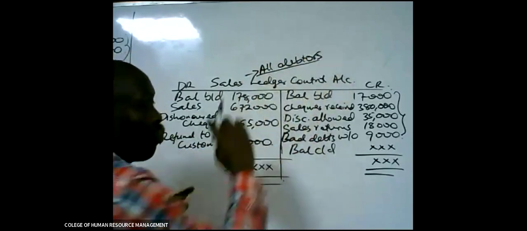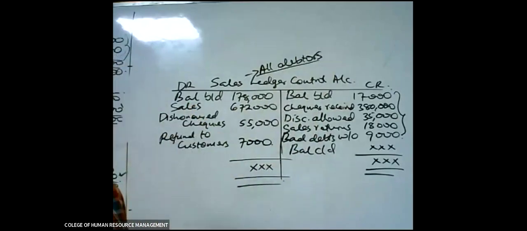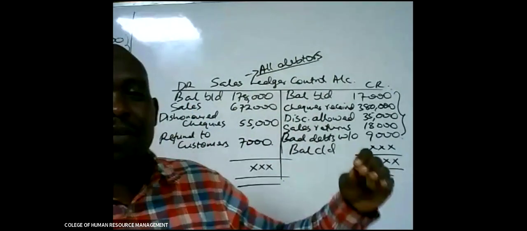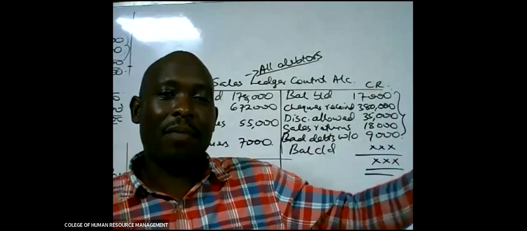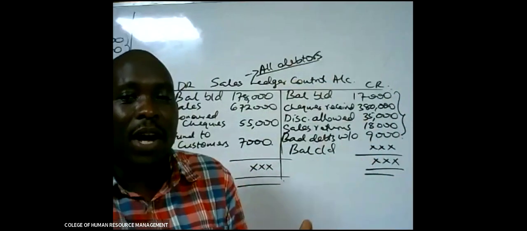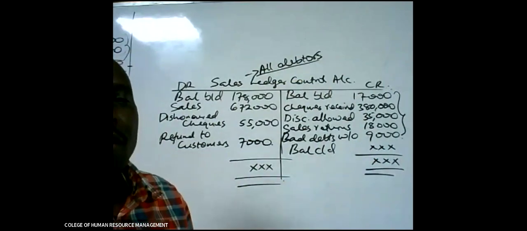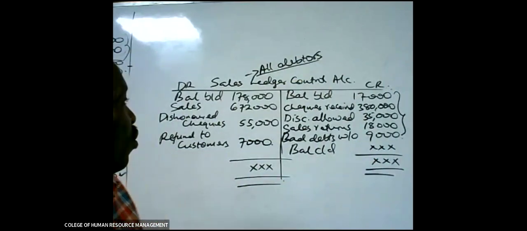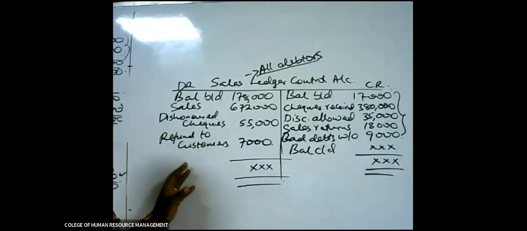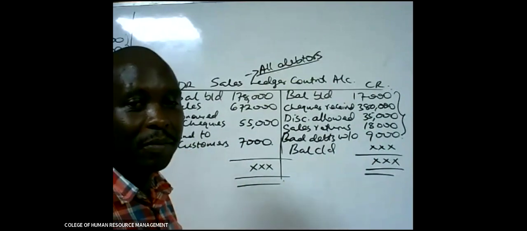Instead of having like 10 different ledger accounts for every specific debtor, we consolidate them in one account. It becomes the control account. So the reason as to why it is going to be considered as an increase in the debtors' balance is this.